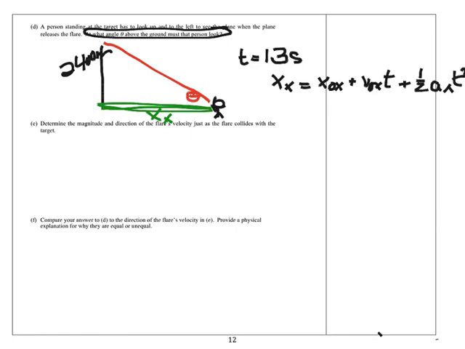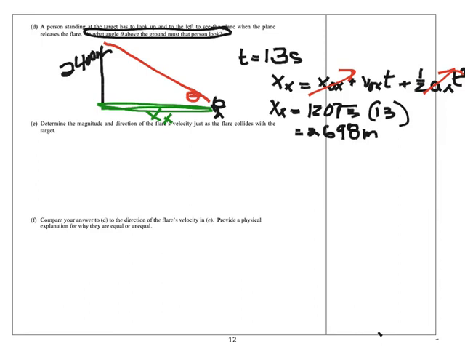We know that ax and x0 are 0, and we have x equals v0x, which was 120 times square root of 3, times t, which was 13, and we get 2698 meters.